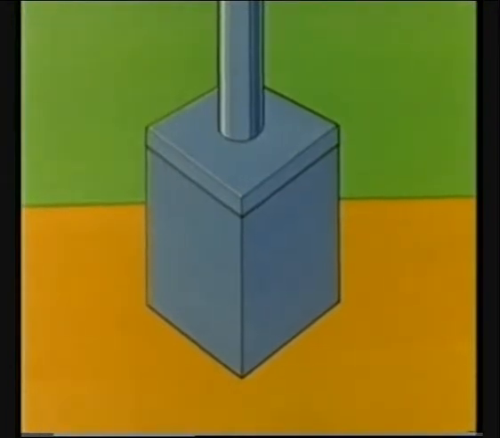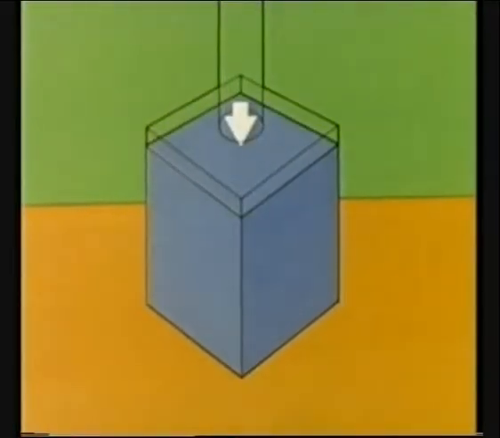Here we're applying a downward force to a block of material. You can't see the force, so we'll represent it by an arrow. Although the arrow's in the middle, the force is distributed equally over the top surface of the block. Now, when a force is applied to a material, the material resists with an equal and opposite force.